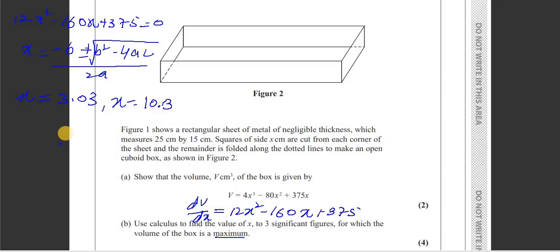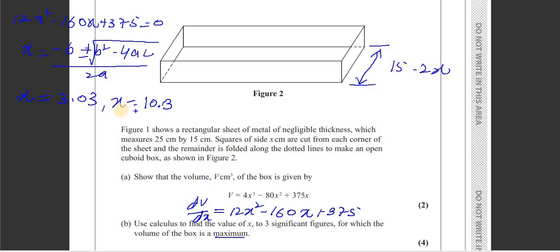Okay, so we need to choose which one is the valid value. Sometimes both are valid, or sometimes one is valid and one is not. We need to give the reason why we are choosing one and ignoring the other. In this case, remember the width of the box is 15 minus 2x.